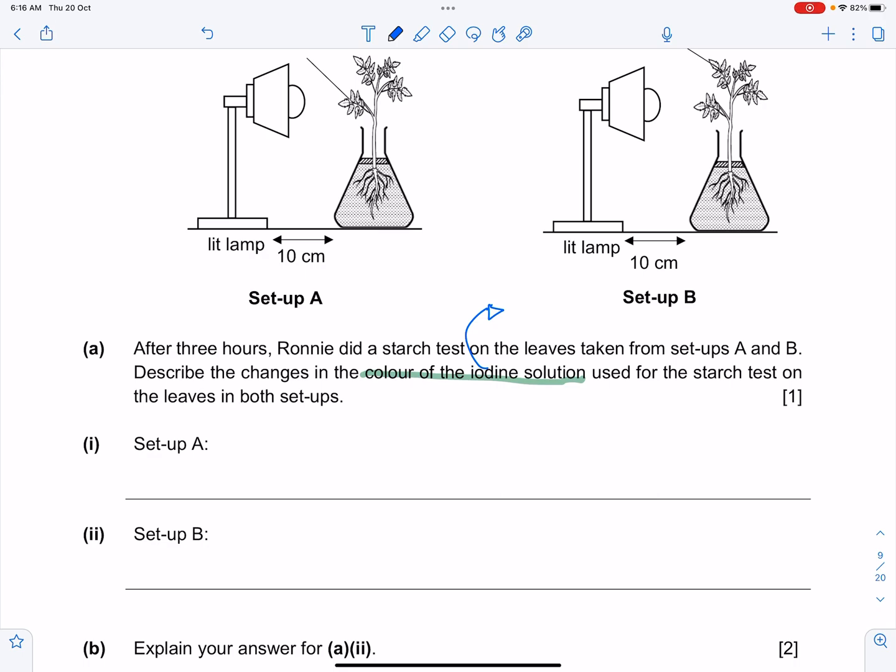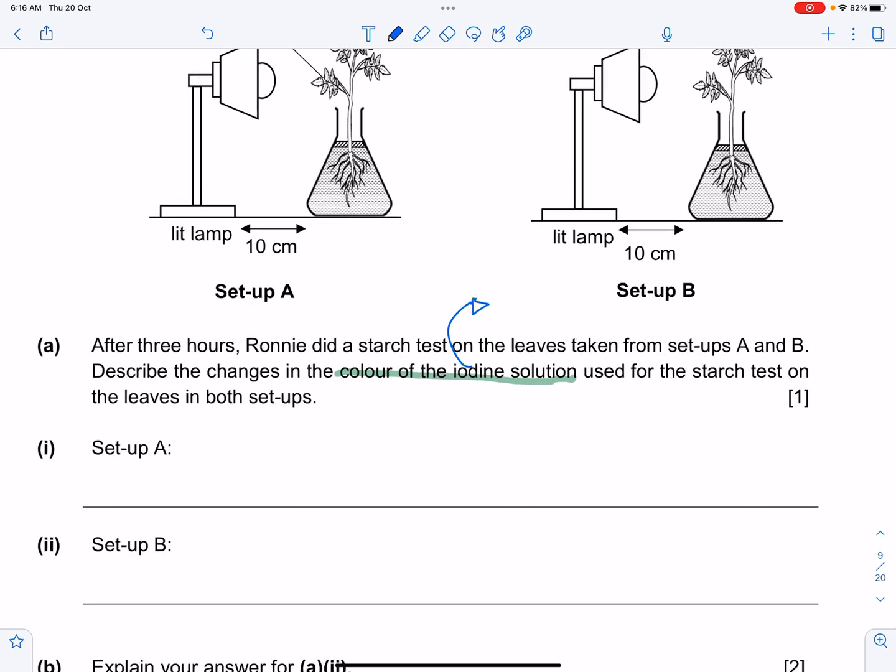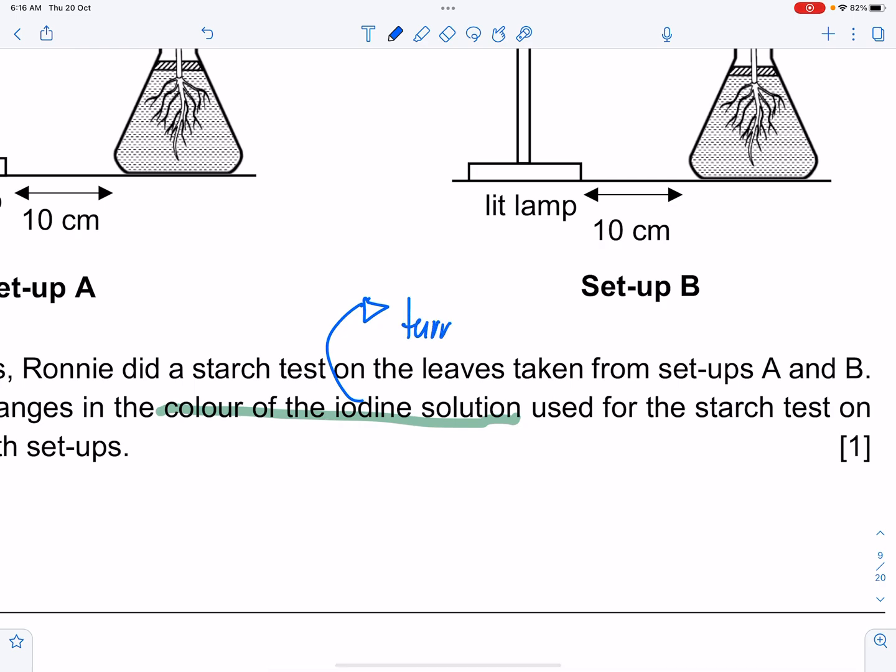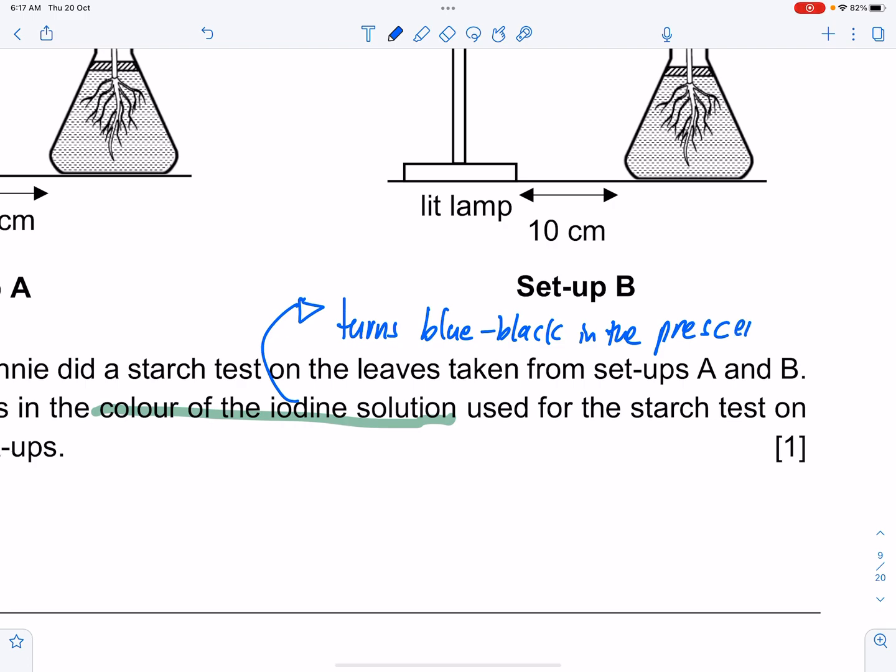If starch is present, we know the plant has photosynthesized. So your iodine solution turns blue-black in the presence of starch. Now it remains yellow if it's a negative test.